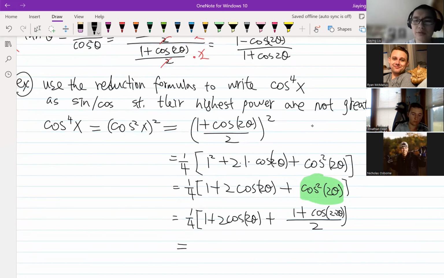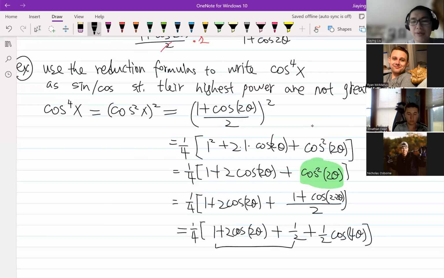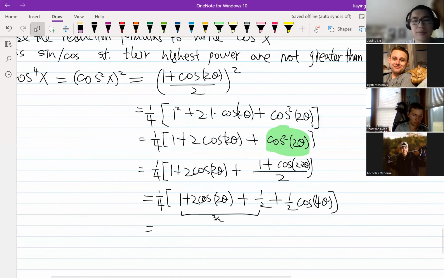Now if we simplify and distribute everything, we get 1/4 times 1 plus 2 cosine 2 theta plus 1/2 plus 1/2 cosine 4 theta. Then the 1 and the 1/2 I can combine, becomes 3/2, times 1/4. All right, I'm going to take a couple of steps because it's getting confusing.